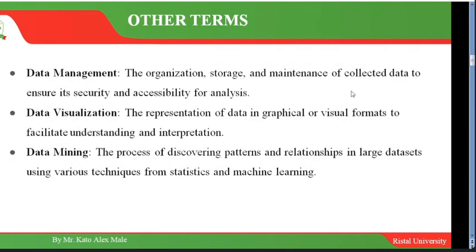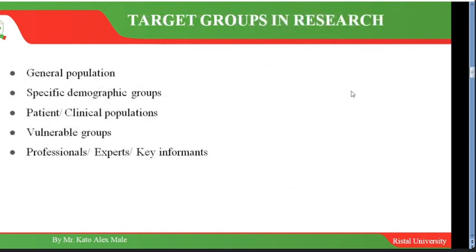Then you go to other factors: salt intake, daily physical exercise, type of diet. These are very many factors you have considered. So when you try to discover relationships and patterns in these large data sets, you are conducting a process called data mining.